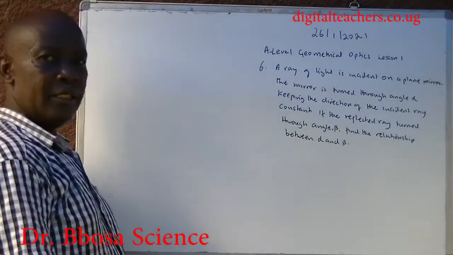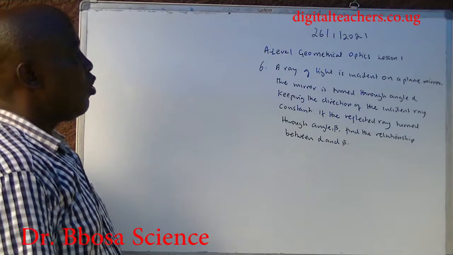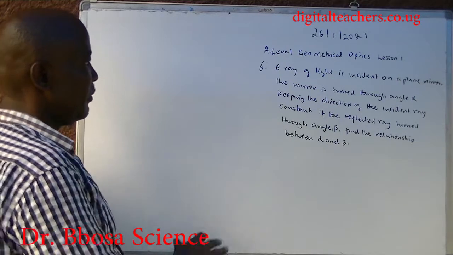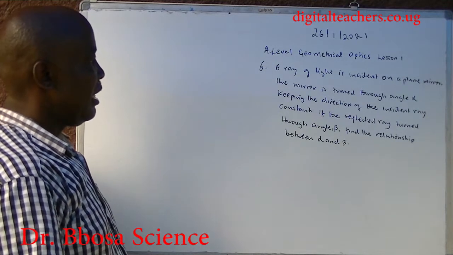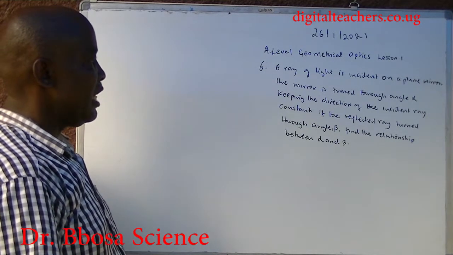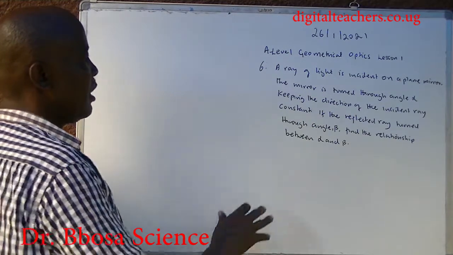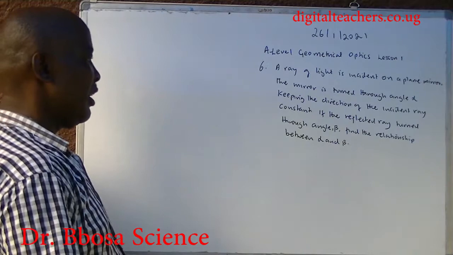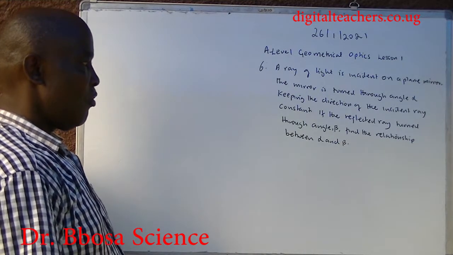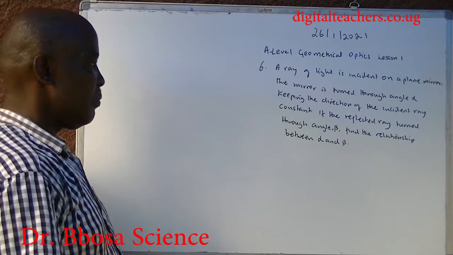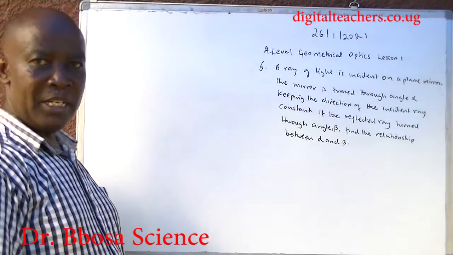Number 6, a ray of light is incident on a plane mirror. The plane mirror is turned through angle alpha, keeping the direction of incident ray constant. If the reflected ray turned through angle beta, find the relationship between alpha and beta.